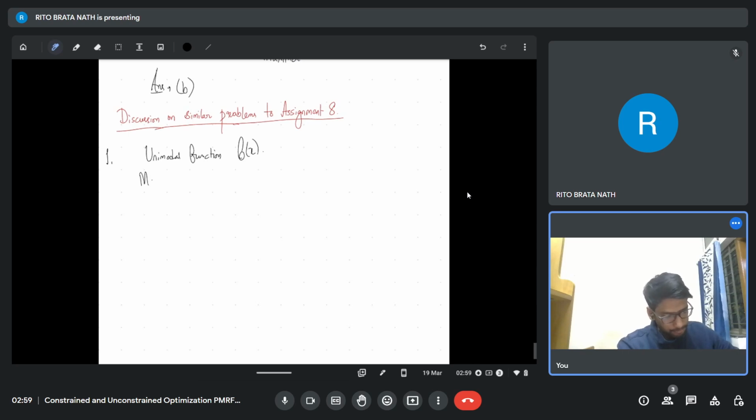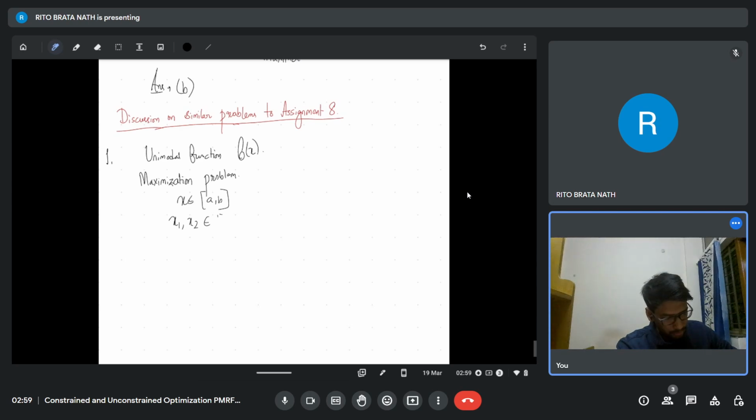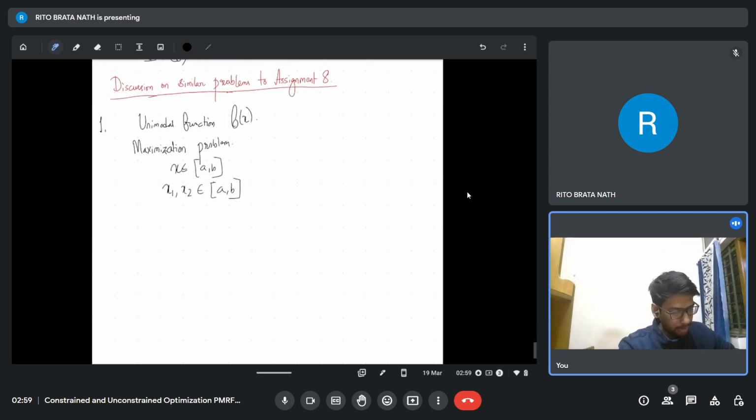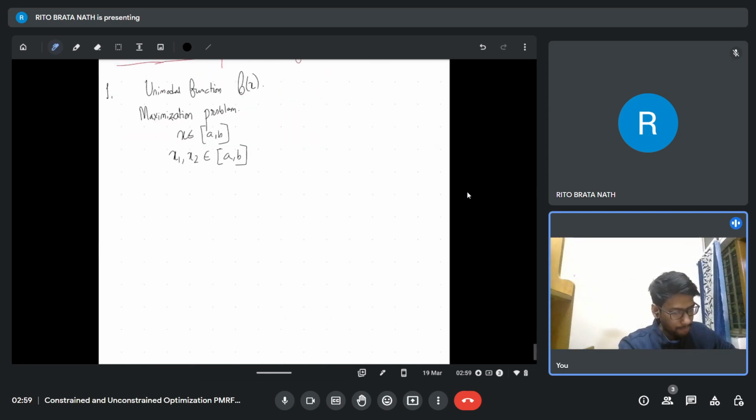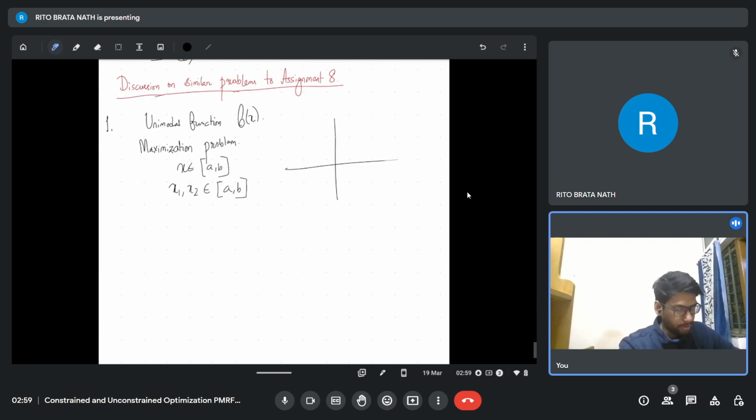Suppose this is a maximization problem, x belongs to, say, [a, b], and suppose there are two points x1, x2 belonging to [a, b]. So what you can think of is a graph of the function.